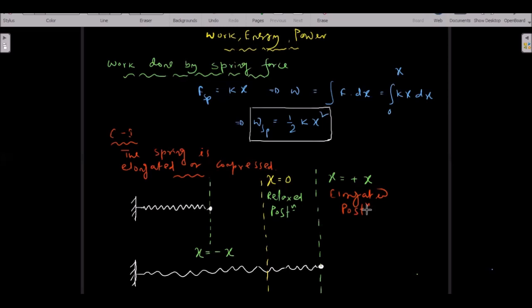So this is the elongated position, and this x equal to minus x position is the compressed position.